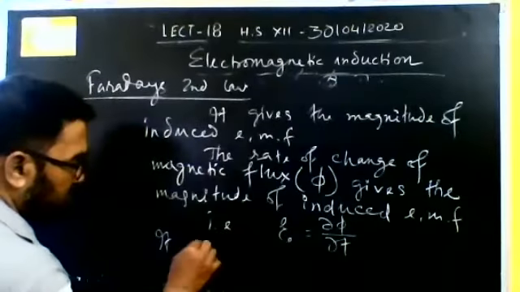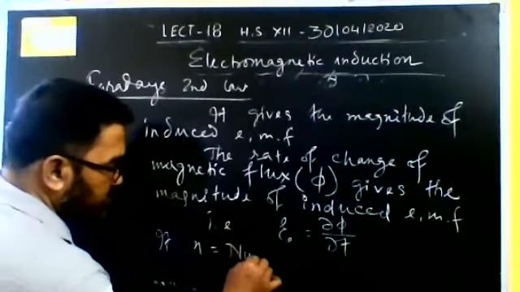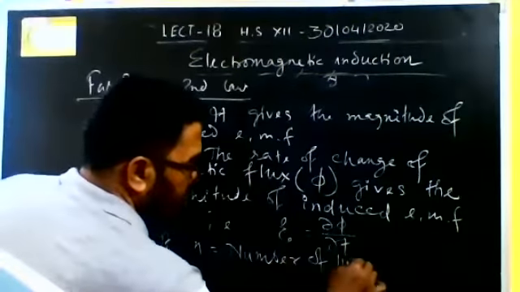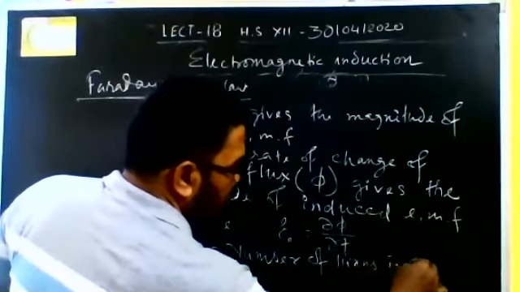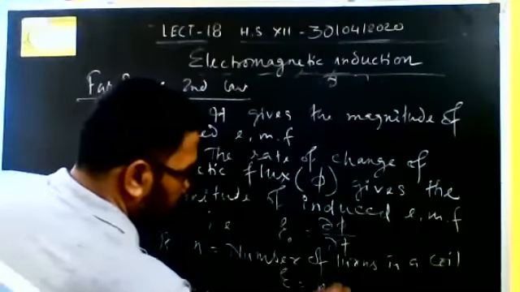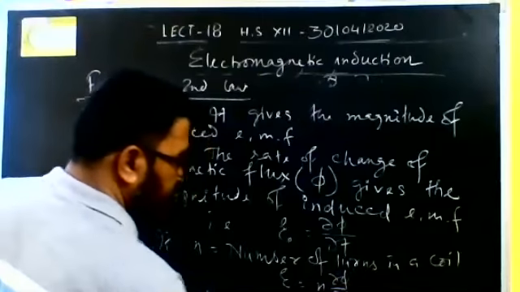If n is the number of turns in a coil, then epsilon is equal to n times del phi by del t.